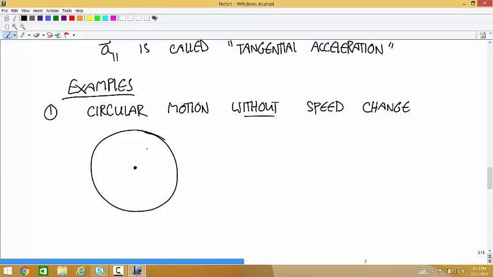If you have an object moving around a circular path like this, the velocity is this way. There's no parallel part of the acceleration. The perpendicular part of the acceleration is that way. And so the total acceleration is toward the center.